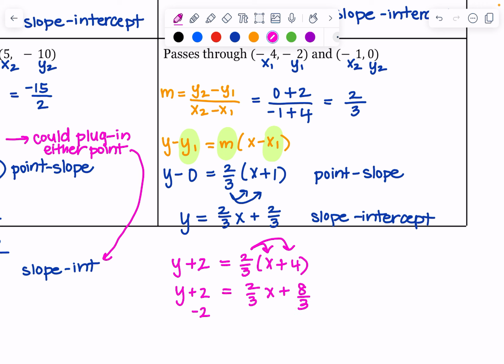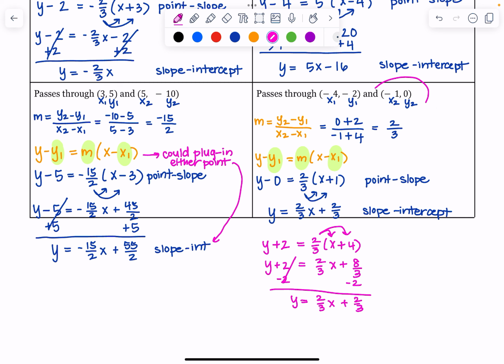If I subtract 2 from that 8/3, I would be left with y equals 2/3 x plus 2/3. So we get the same thing plugging in either point. I just chose this one because it had a 0, so it's a little bit easier to work with.